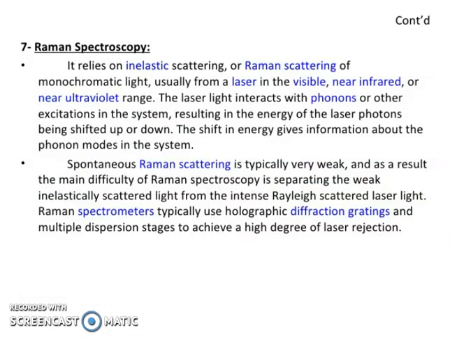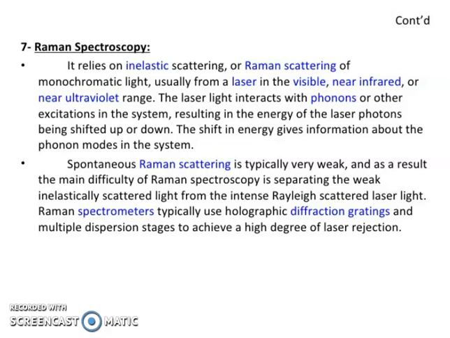So, Raman spectroscopy. It relies on inelastic scattering, or Raman scattering, of monochromatic light, usually from a laser in the visible, near-infrared, or near-ultraviolet range. The laser light interacts with phonons or other excitations in the system, resulting in the energy of the laser photons being shifted up or down.